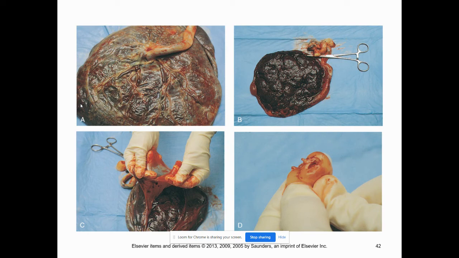That's the Duncan side, and that's the maternal side. So what you're seeing there, that roughness, is because it used to be adhered to the inside wall of the uterus, and it had to separate or pull away, and so that's why it looks rougher. C shows a separating of the membranes, and D is showing the umbilical cord vessels. There should be 2 arteries and 1 vein.